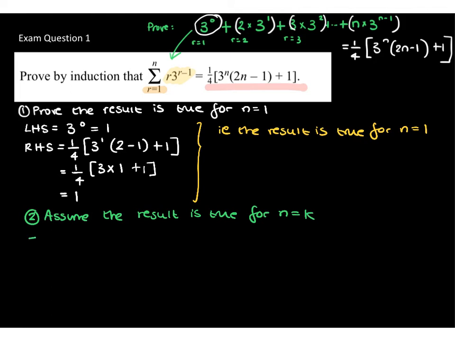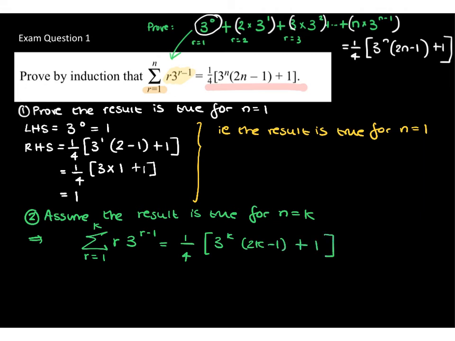So this then tells us that the sum of the first k terms generated by this formula here is equal to 1/4 of (3 to the k (2k minus 1) plus 1).